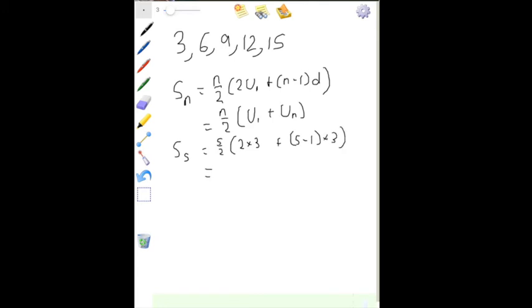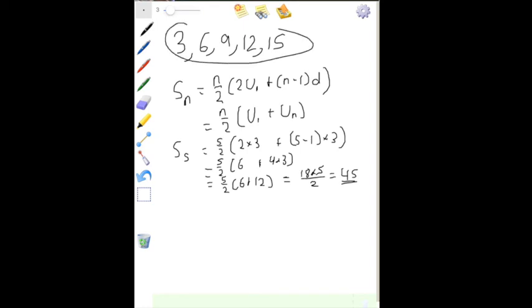That equals 5/2 times (6 plus 4 times 3), which is 5/2 times (6 plus 12), which is 18 times 5/2, which is equal to 45, which should be the answer if you just add all of these on a calculator. Let's try the other way.